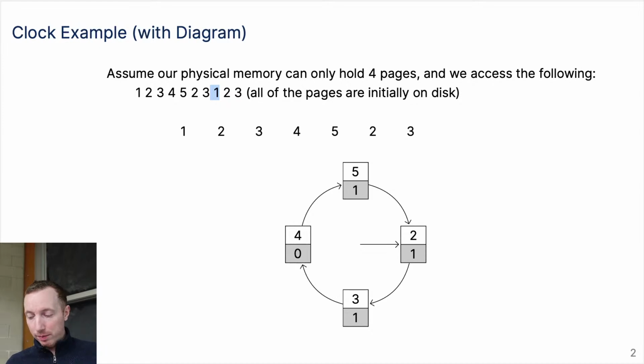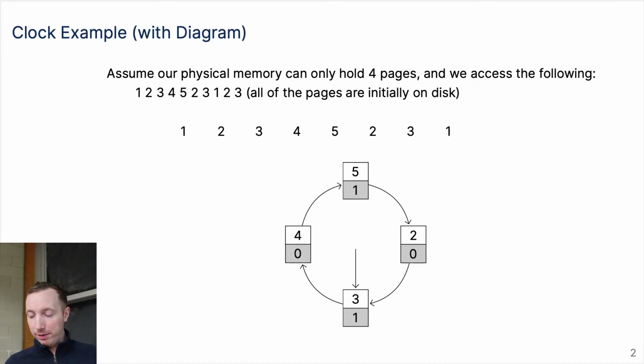Now, when we access page 1, something more interesting is going to happen. Currently the iterator is pointing at page 2. Its reference bit is 1, so we can't kick it out, but we can change the reference bit from a 1 to a 0 and advance the hand.